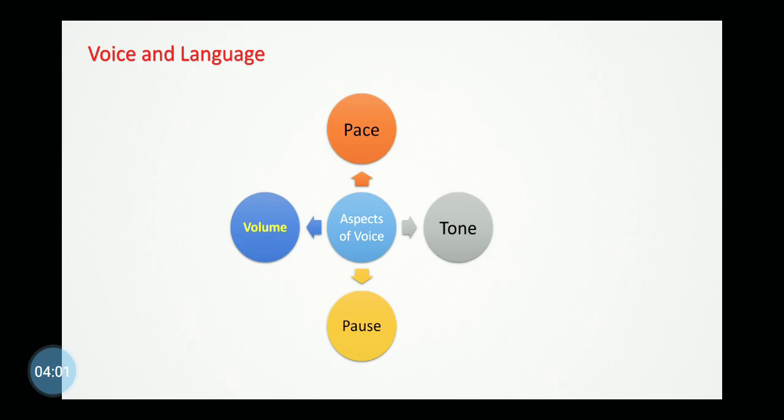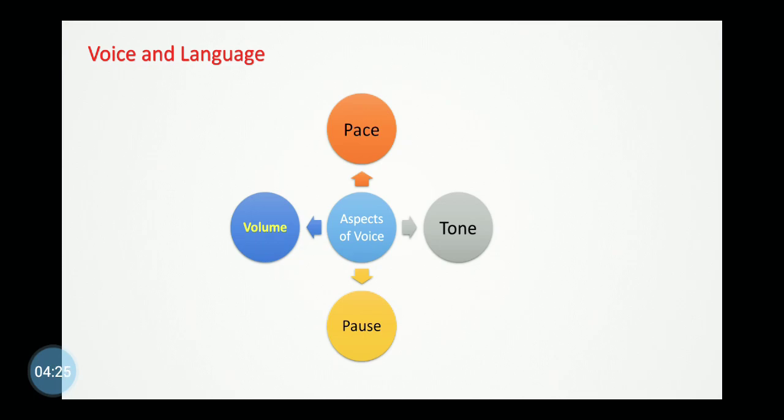Voice and language is also an important element of presentation. What are the aspects of our voice? Pace, tone, pause, volume. These 4 are very important aspects of our voice. It is said that speech is silver but silence is golden.